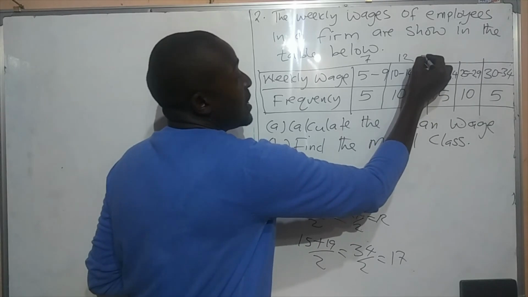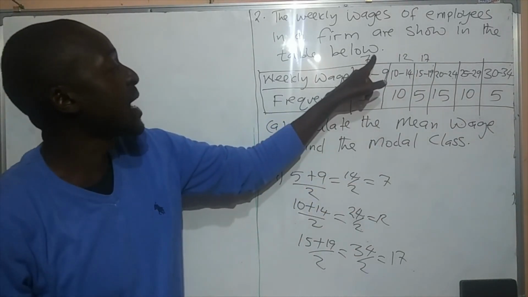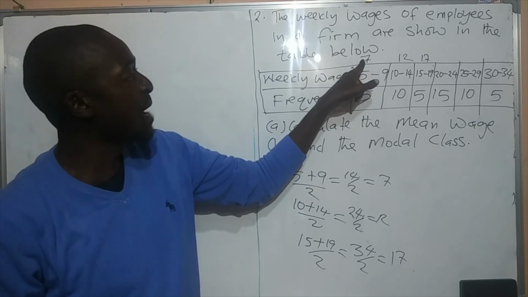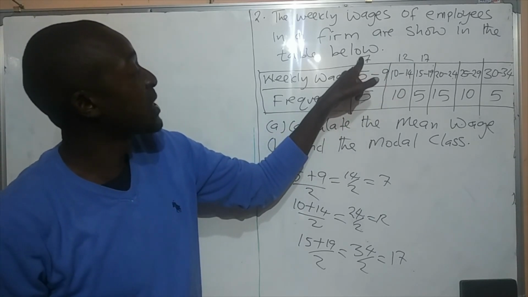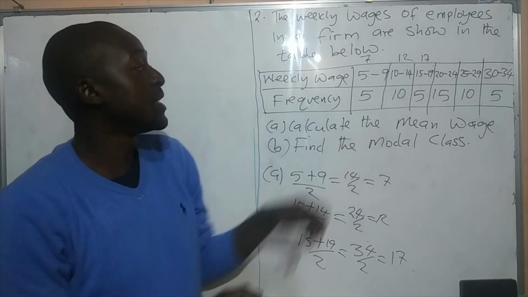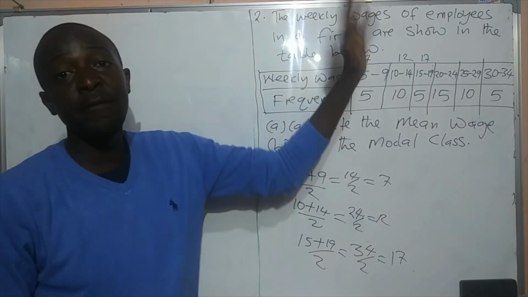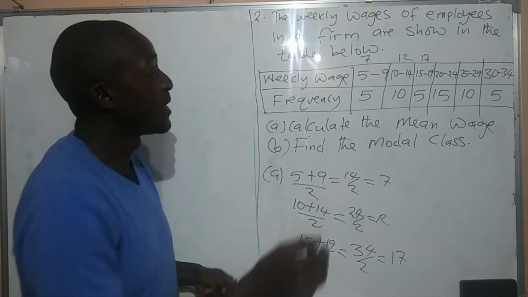So you can see that the sequence is being formed here. We are just adding 5 to the numbers. 7 plus 5 is 12. So 12 plus 5 is 17. So for the others we will not even calculate, we'll just add 5 until we get the final one.